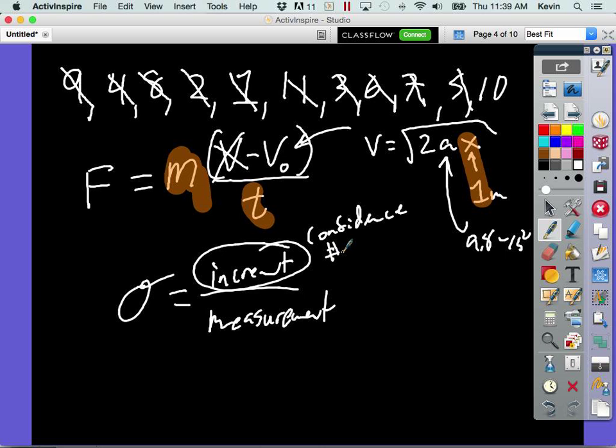It's got to be more than 3, but less than 10, right? So if you think this is 6 frames, the increment is like plus or minus 3. Do you see what I'm saying there? So the increment is plus or minus 3, and that gives you your uncertainty. And all of these kind of fit together.